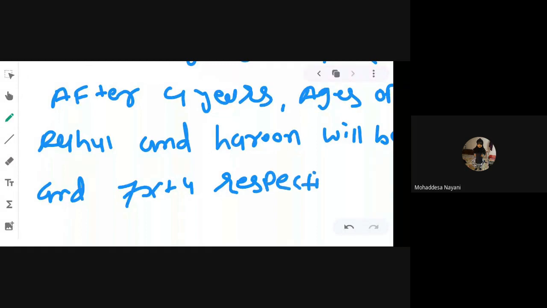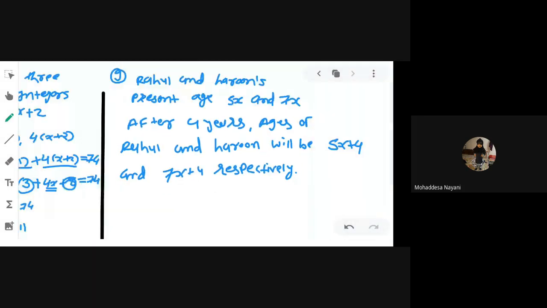Are you getting my point, girls? First, we are supposing that Rahul and Harun's present ages are 5x and 7x respectively. Now you know that after 4 years, we have to add 4.